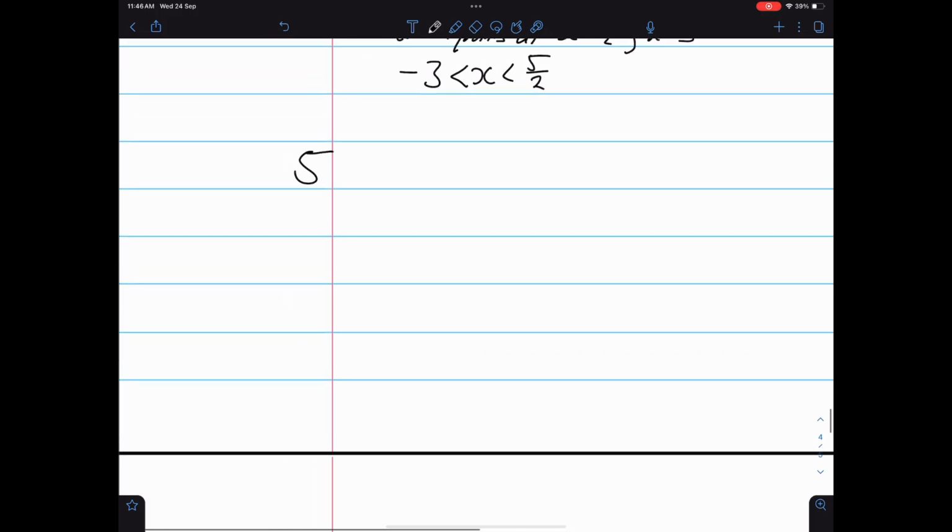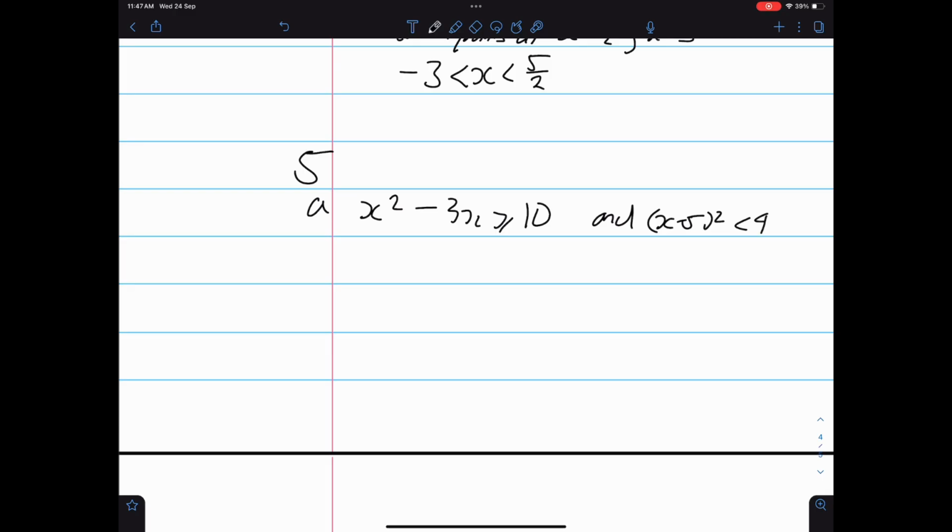Now we need to find the set of values of x that satisfy two inequalities. Essentially what we do is we solve both of them and then take the intersection.